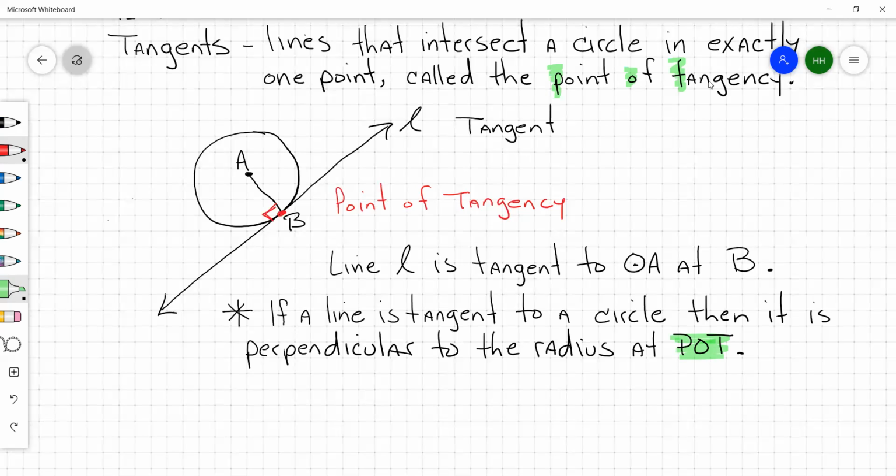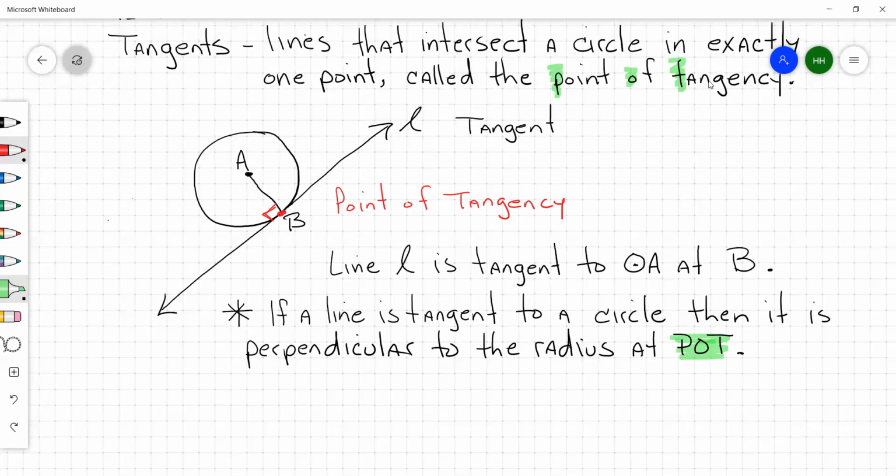The radius and a tangent are perpendicular at the point of tangency. Okay?